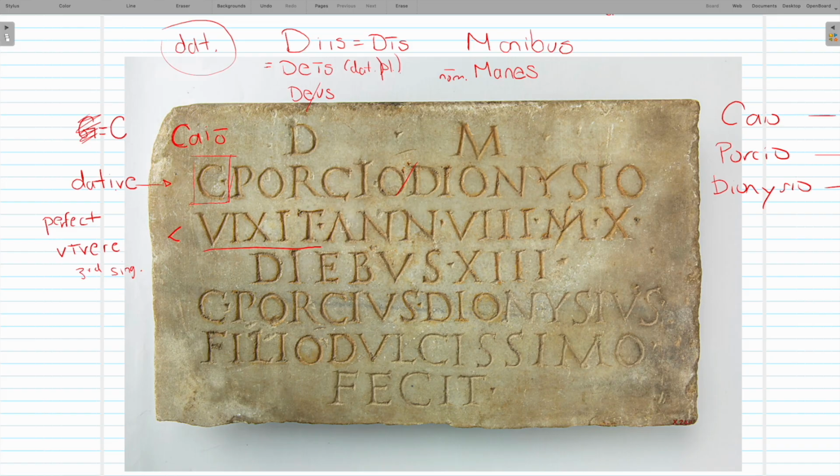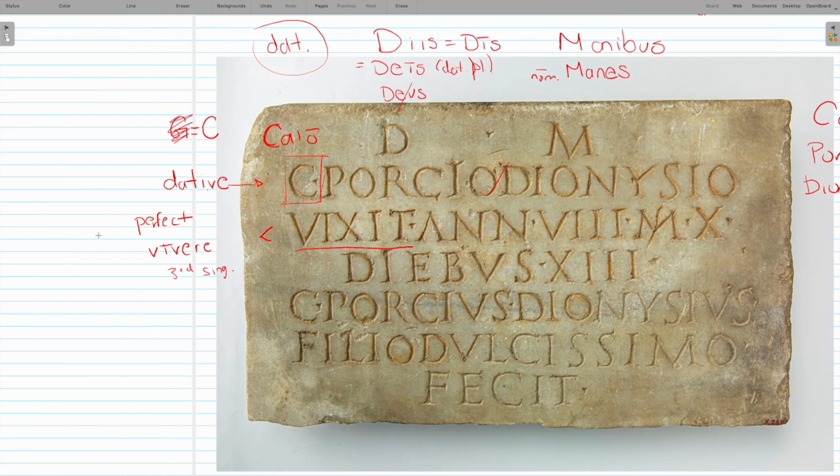That is, this person here, this Porcius Dionysius, the kid, maybe you could imagine the personal pronoun is implied here, in the sense that he's the one who vixit, he's the one who lived, and that's actually the translation, lived.